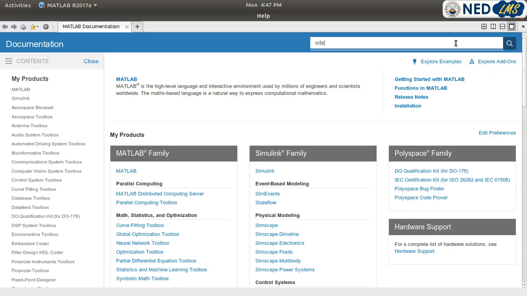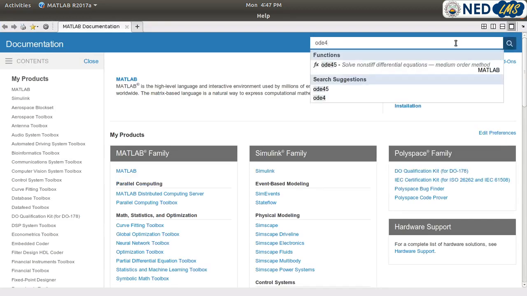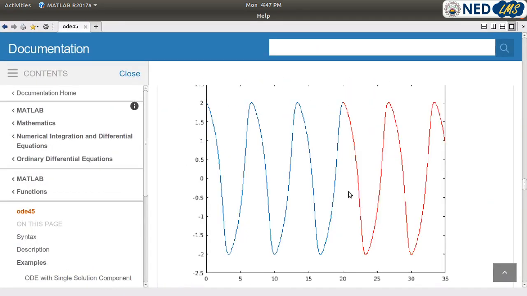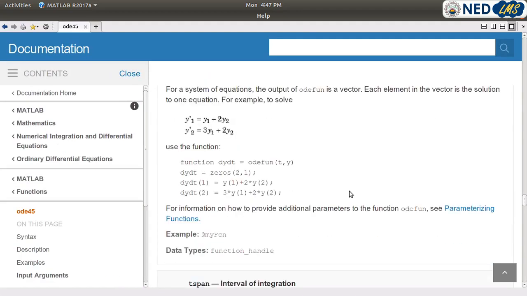ODE45. Here they have considered a system of two equations as an example.